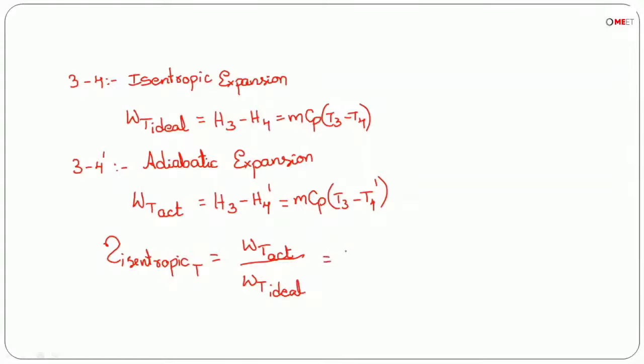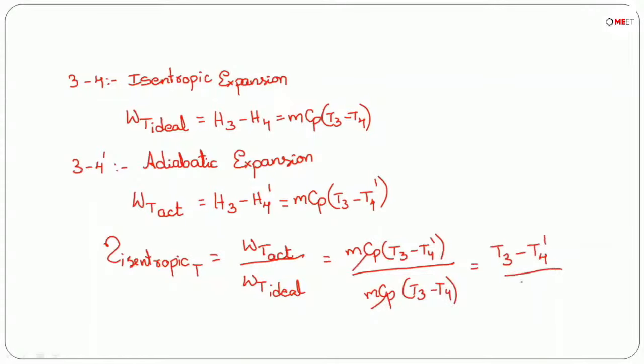Actual thing is MCP T3 minus T4 dash by MCP T3 minus T4. This is ideal condition. So these two will get cancelled. We can write this as T3 minus T4 dash by T3 minus T4, or you can write this as H3 minus H4 dash by H3 minus H4.